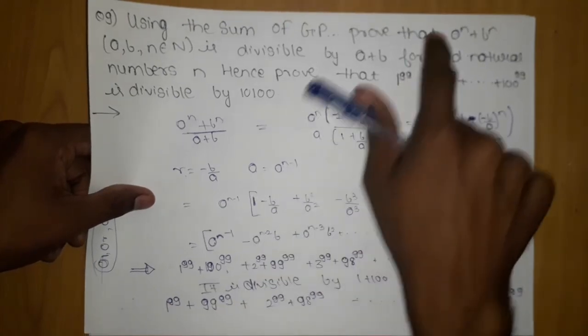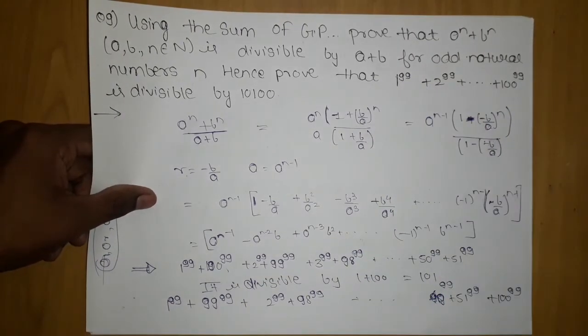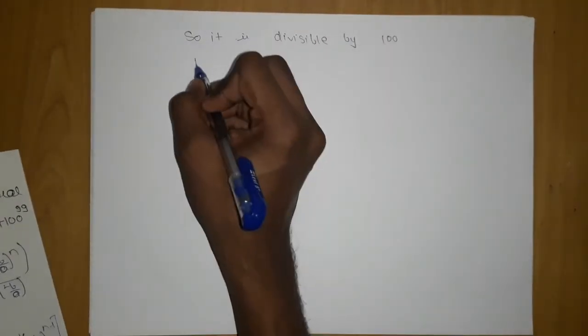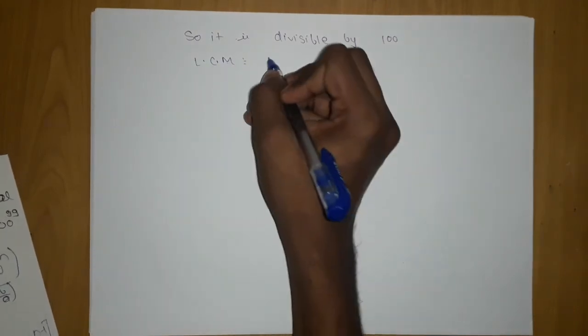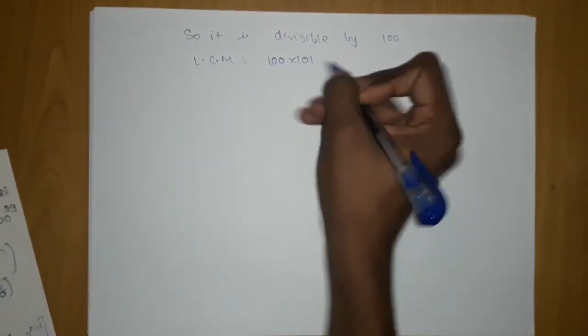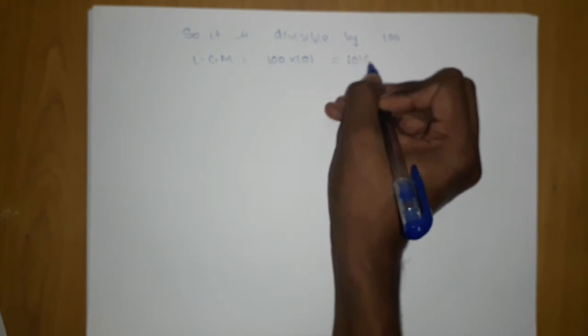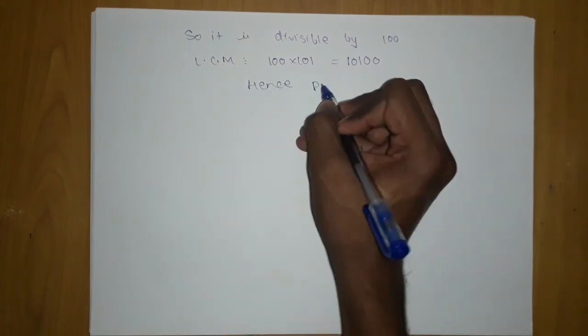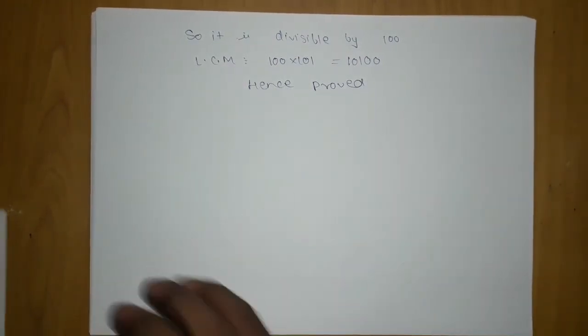This will also be like that because a power n plus b power n with n odd is divisible by a plus b. This is divisible by 101. This is divisible by 100. So their LCM is very easy to find: 100 into 101, which is nothing but 10100. So we have proved, hence proved.